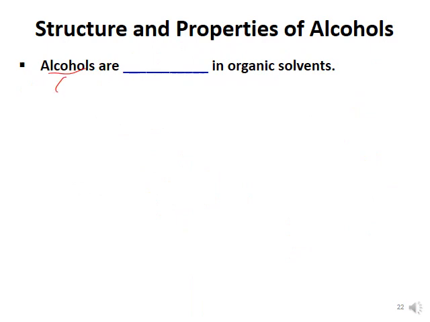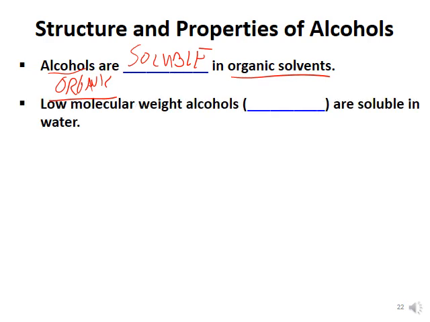Because an alcohol is an organic molecule, it is soluble in organic solvents. That's going to be the case for all of these organic molecules. They're soluble in organic. The big question is whether they're soluble in water.